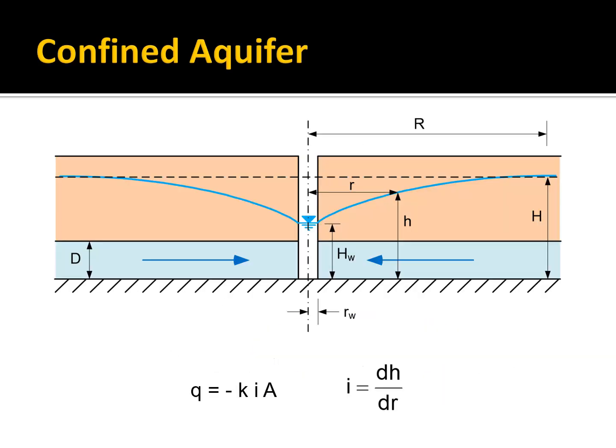Let me go back to the diagram. One boundary condition is right here at the well. When r is equal to r_w, right at the edge of the well, the head is equal to h_w. And also on the other side, when r is equal to capital R, the radius of influence, the head is equal to capital H, the initial head.